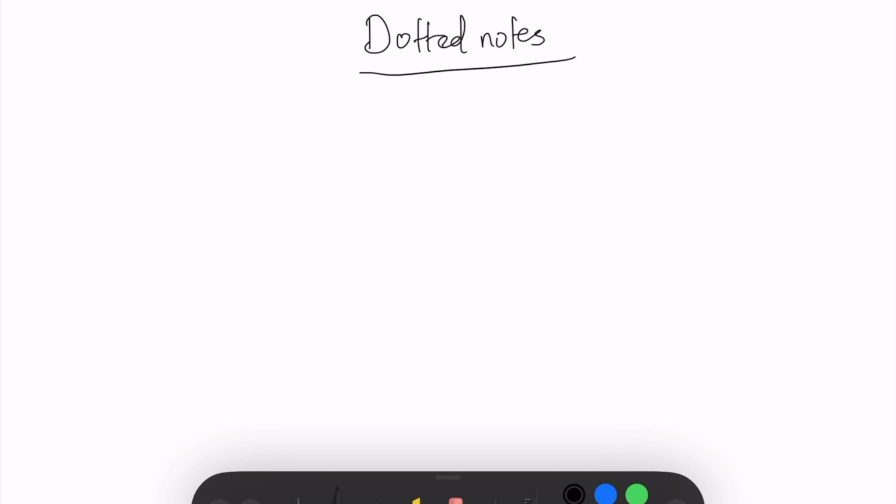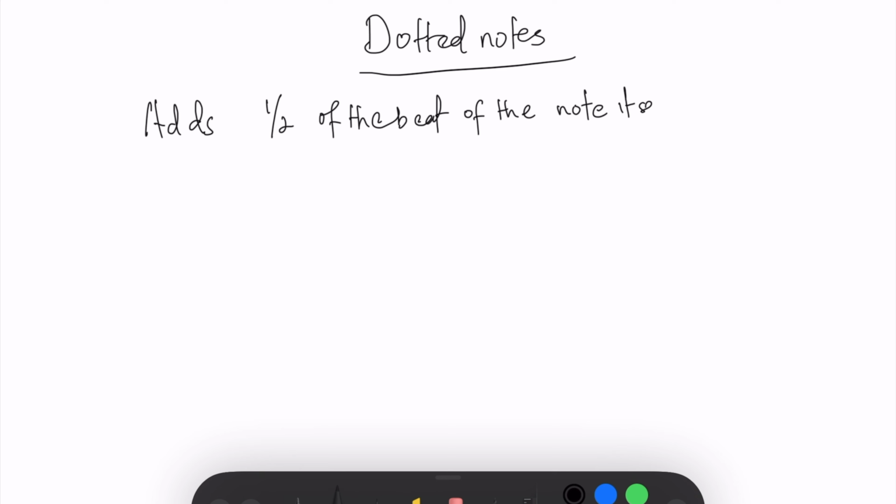A dot beside a note adds half of the beat of the note itself to the note.